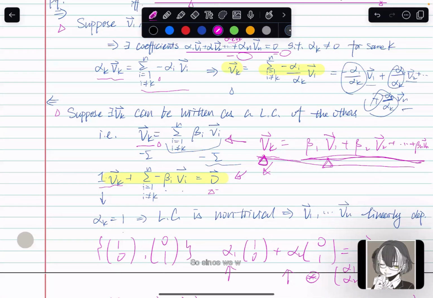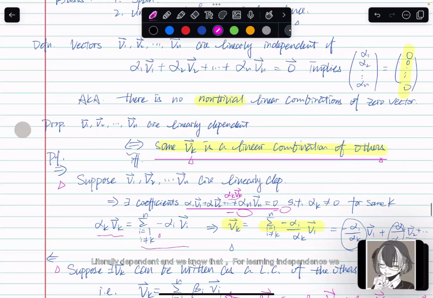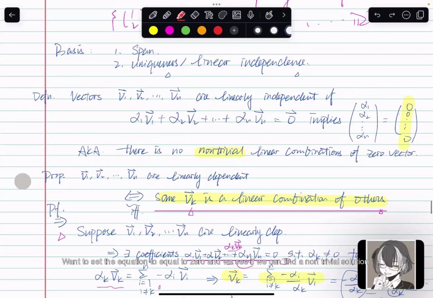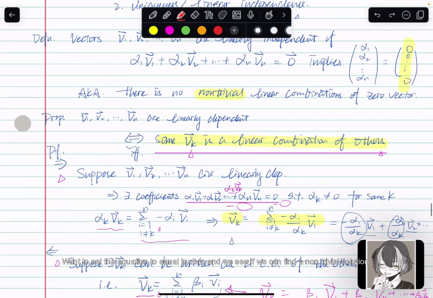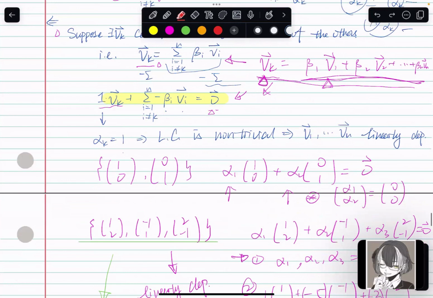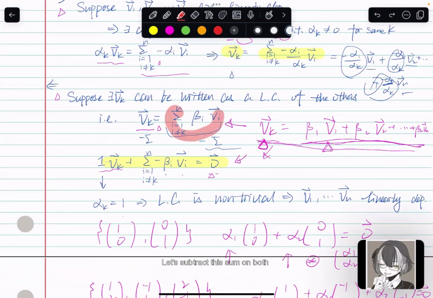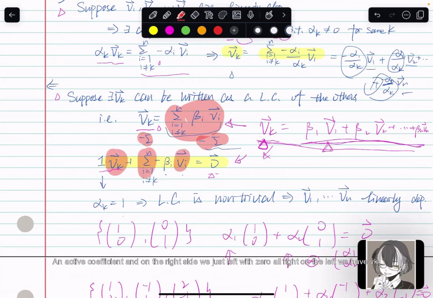All right, now, since we want to prove that they are linearly dependent, and we know that for linear independence, we want to set the equation equal to 0 and see if we can find a non-trivial solution. So let's subtract the sum on both sides. On the left, we're left with vk plus the sum, but with a negative coefficient. And on the right side, we're just left with 0.